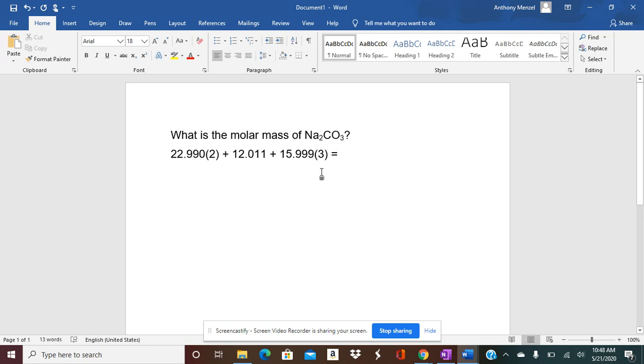Then we can put all of these numbers into our calculator. 22.990 times 2, plus 12.011, plus 15.999 times 3.